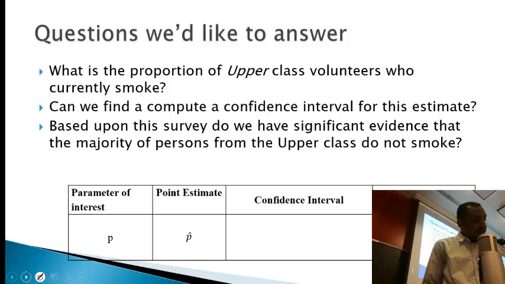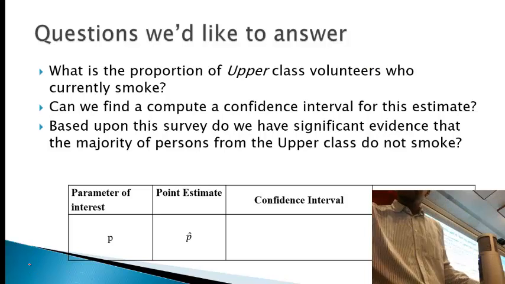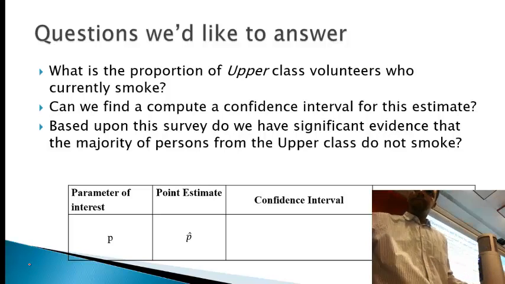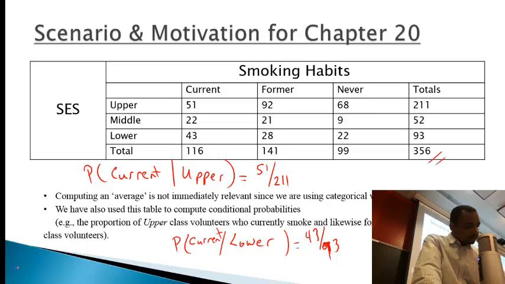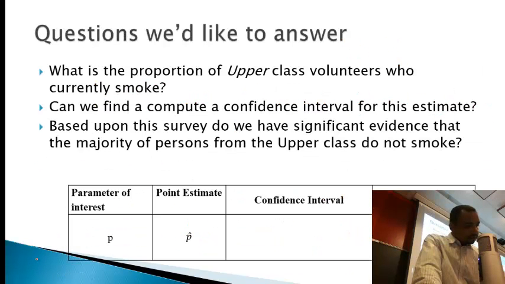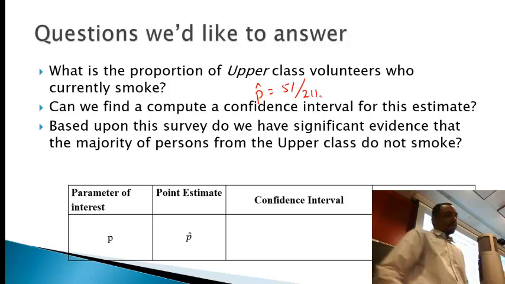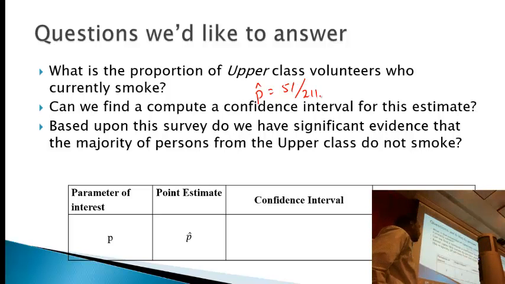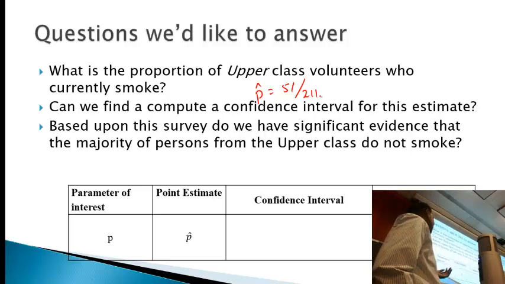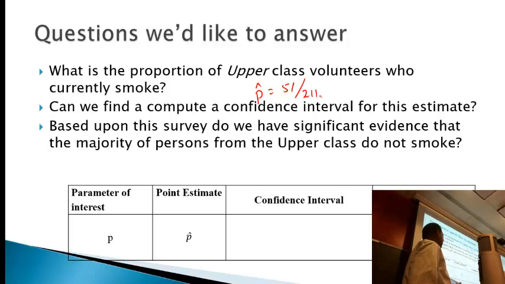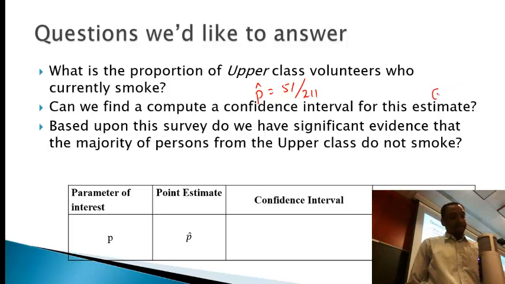Go back a couple slides. 51 out of 211 from a previous slide. We talked about how we got that. Can we compute a confidence interval for this estimate? Eventually.